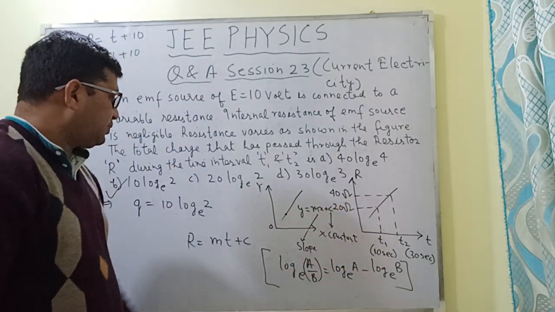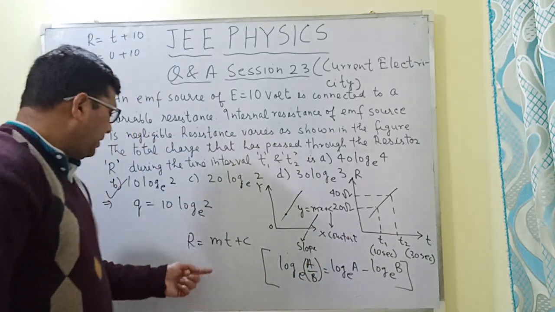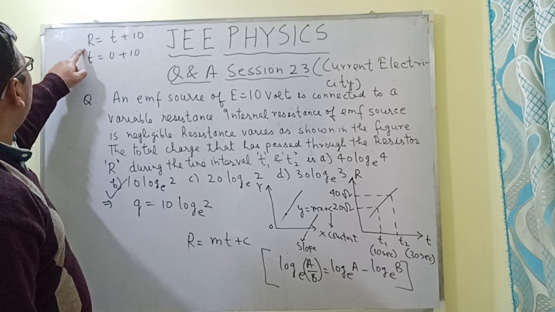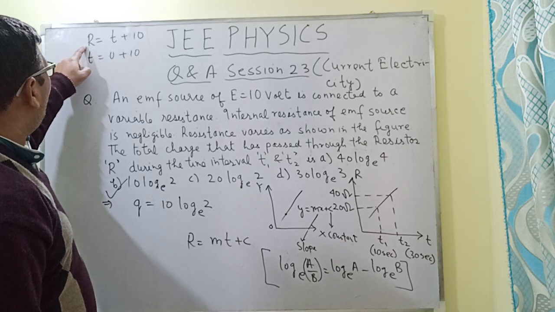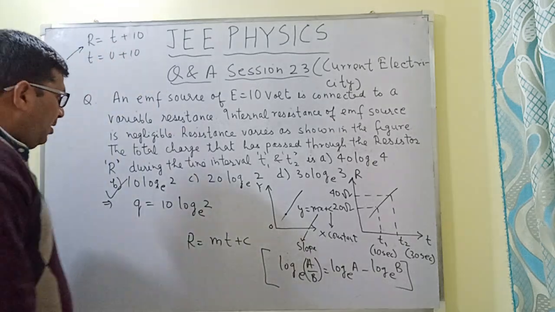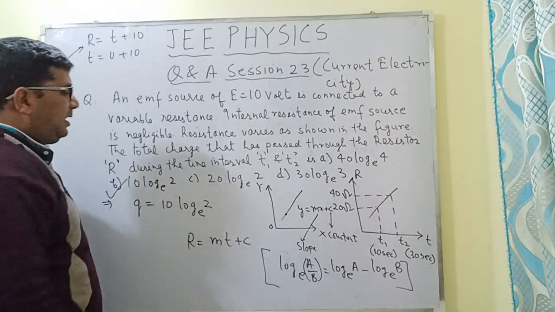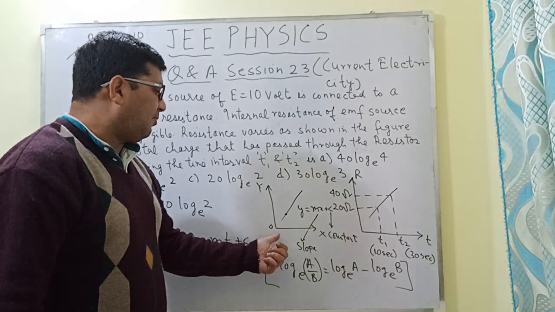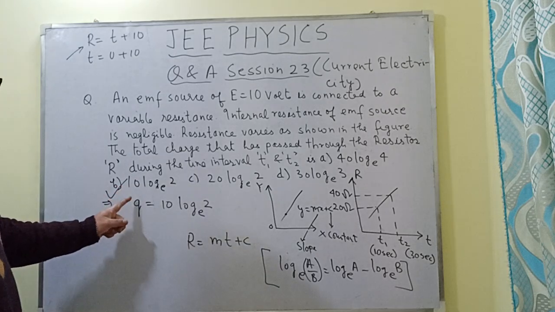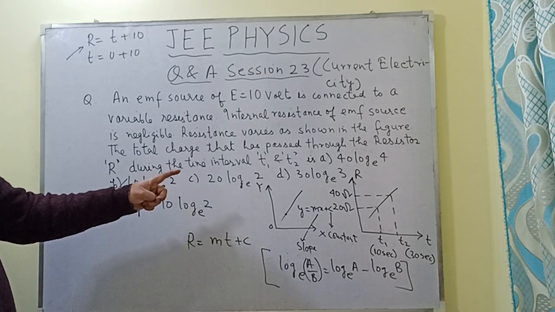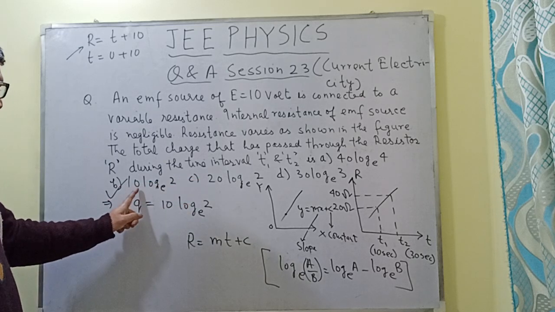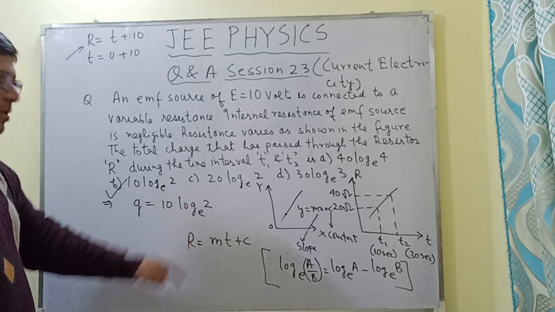So using these two data, I was able to find the values of M and C, and thereafter the equation which we got was R is equal to T plus 10. That was the most important thing in solving this question. So the correct option is B, that is the total charge which has passed through the resistor R during this time interval T1 and T2 is equal to 10 log 2 to the base e.